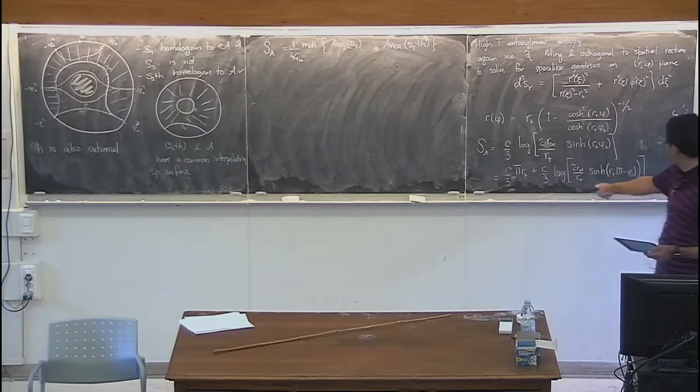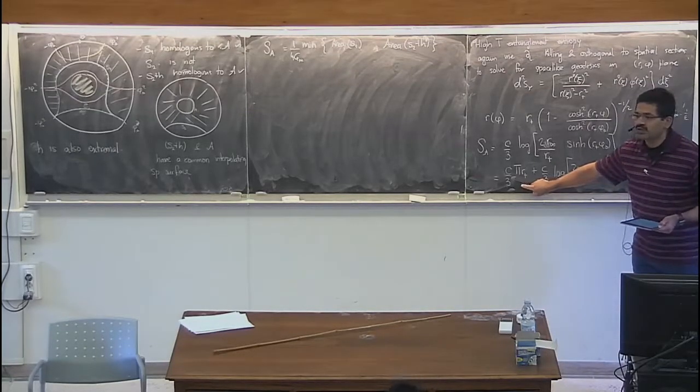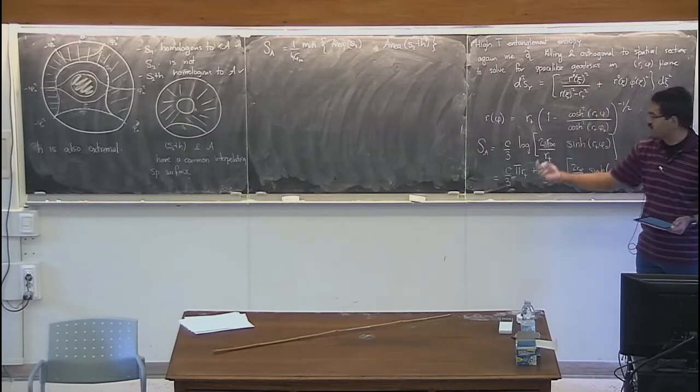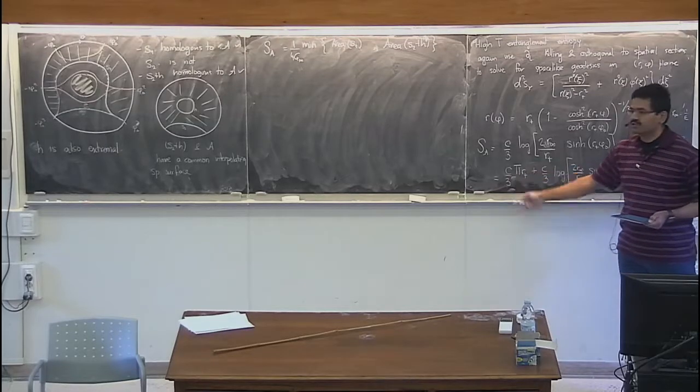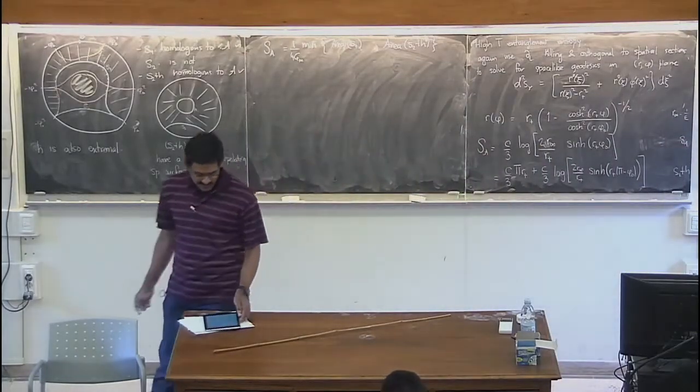So this is the answer for S2 itself, and this is the answer for the horizon. The area of the horizon is just a circle of radius r plus. So if you translate everything, you get the perimeter of a circle of radius r plus.